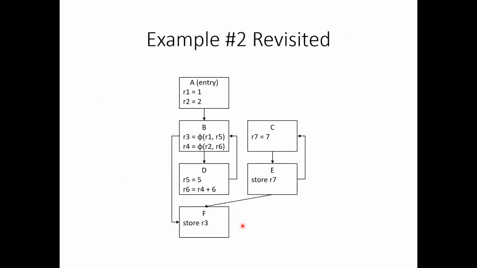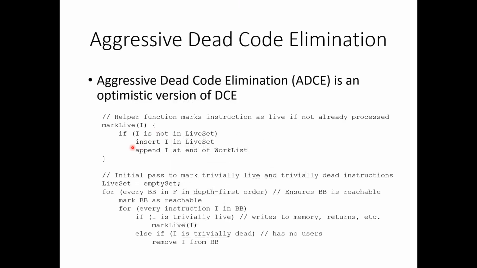So let's go back to this example. We said the first step of dead code elimination is to iterate through every instruction in all the basic blocks in depth first order. For each instruction, if it's trivially live, we mark it as live.